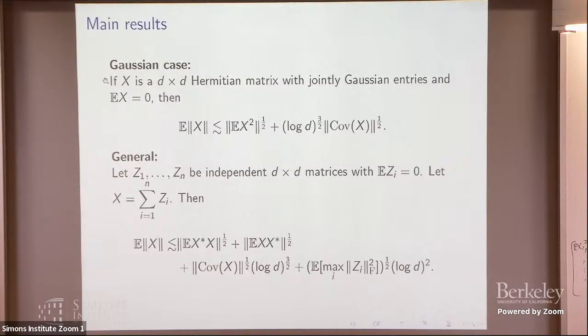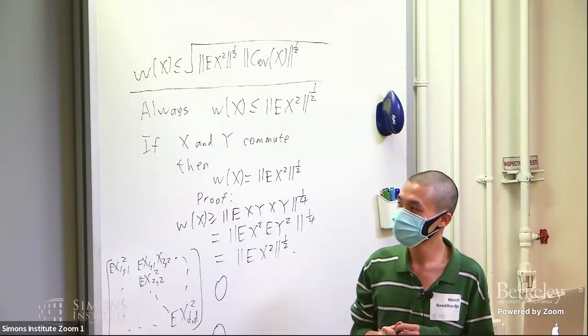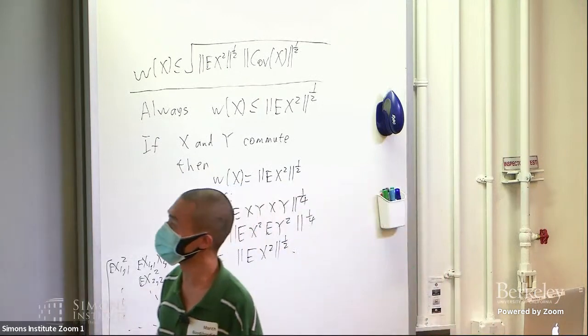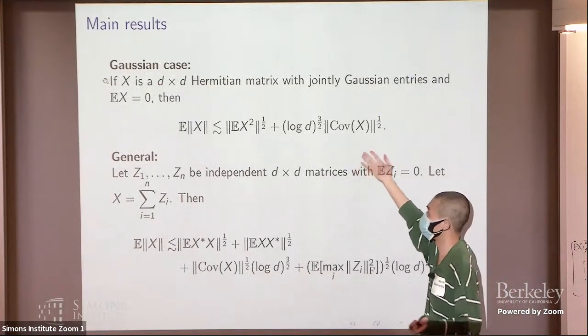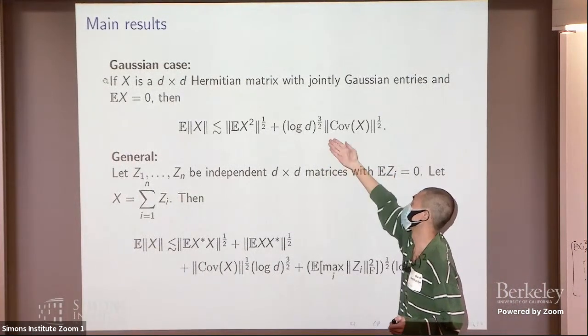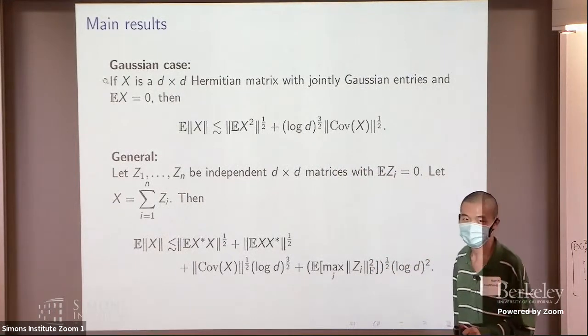Can you say anything about the sharpness? Because it doesn't look sharp in the commutative case, right? Yeah, it doesn't look sharp in the commutative case. I think a correct bound should be square root log D, but I can only get log D to about 3/2.